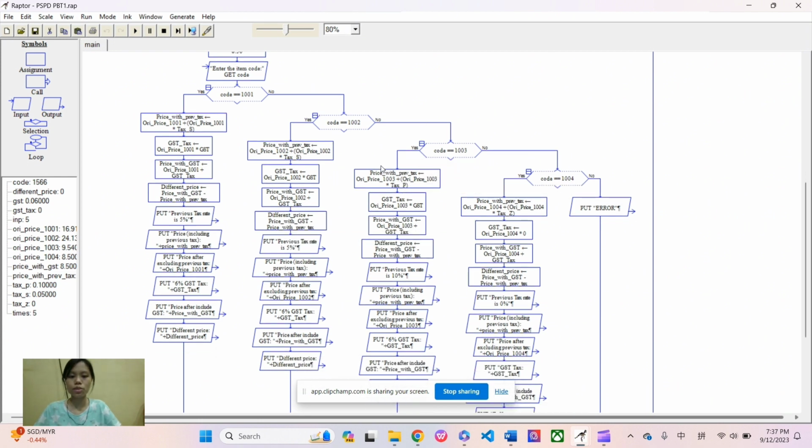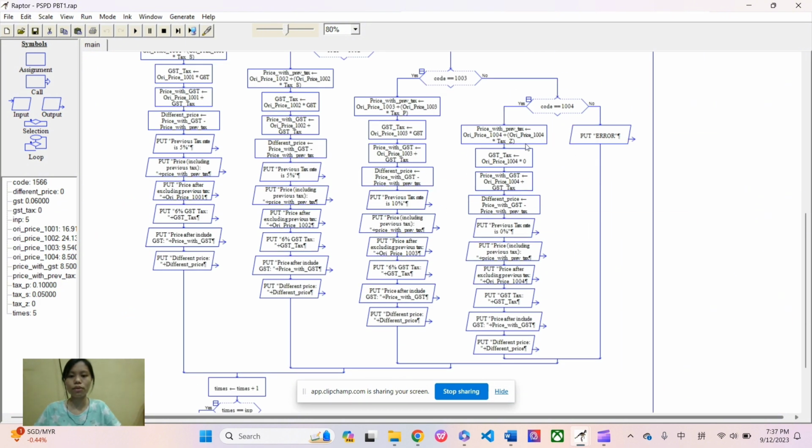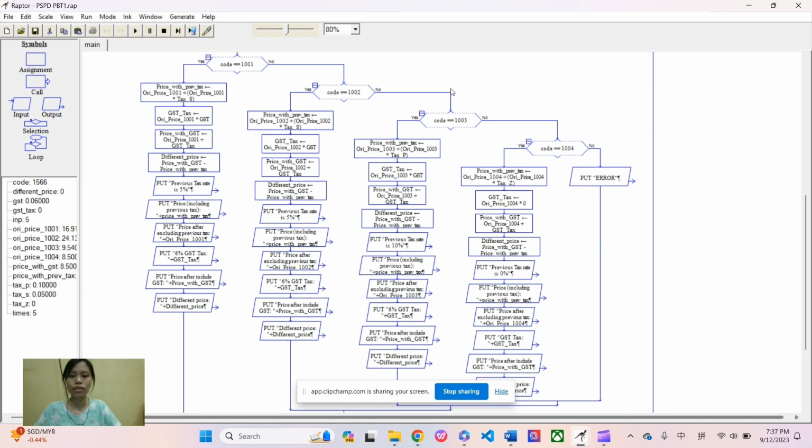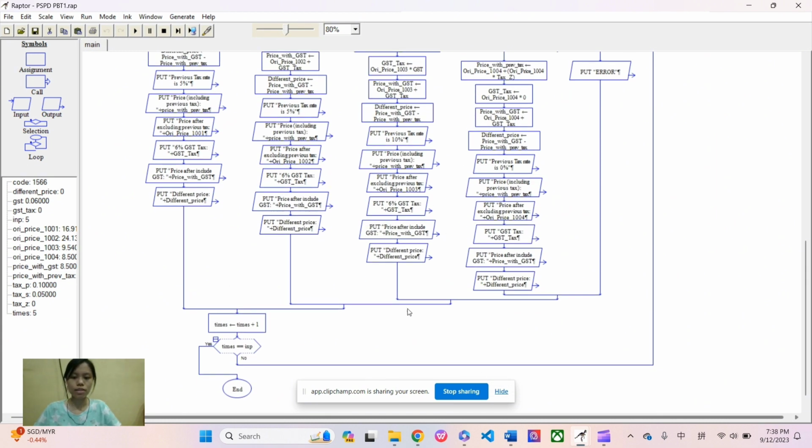And 1003 with 4 calculations and 6 outputs, and 1004 also 4 calculations and 6 outputs. If it is out of these 4 codes, it will print error. And this is the loop, and it will go up again.